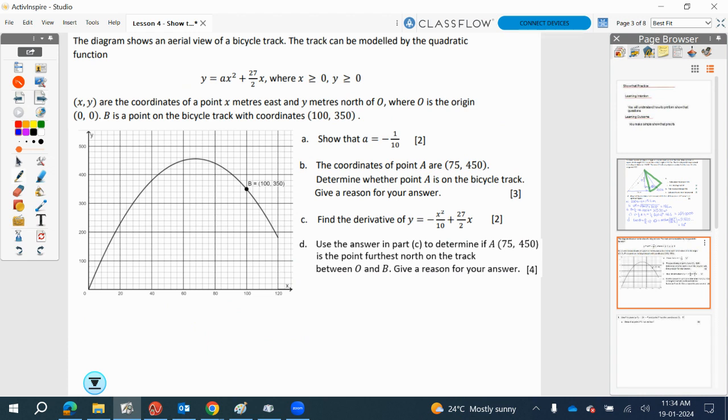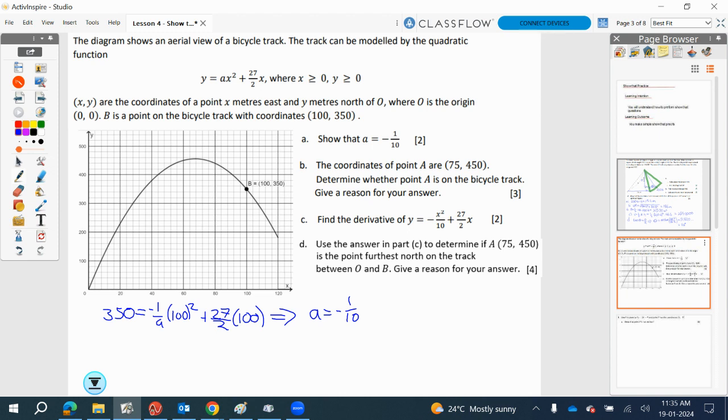So in order to show it, we can put up the equation 350 is equal to minus 1 over A bracket 100 squared plus 27 over 2 times 100. And then we must solve the equation, and this is going to give us A equals minus 1 over 10.